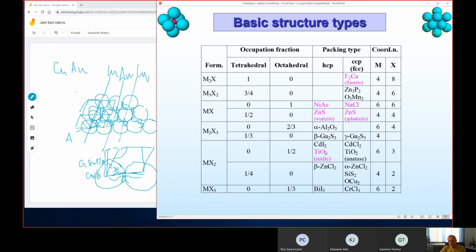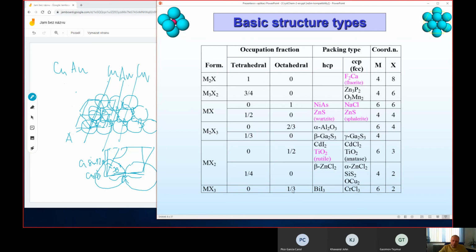But for rutile, in both cases, in fact, due to arrangement of filled and empty octahedral sites, the resulting structure is not hexagonal or cubic, but tetragonal in both cases. And I will show how the distortion of the unit cell results in tetragonal symmetry.